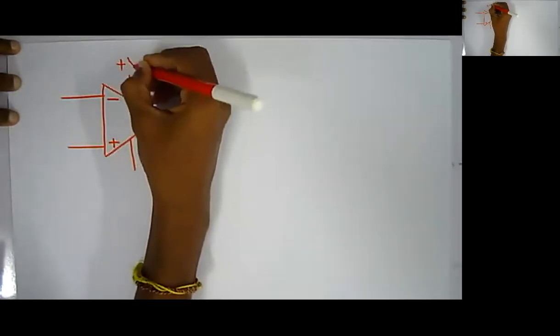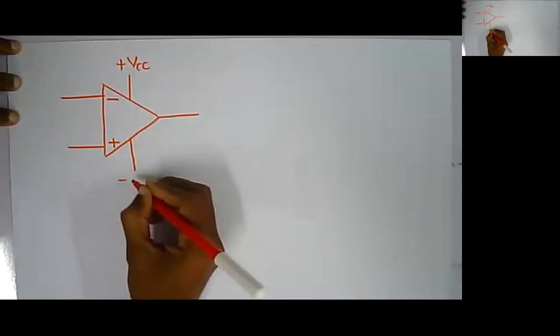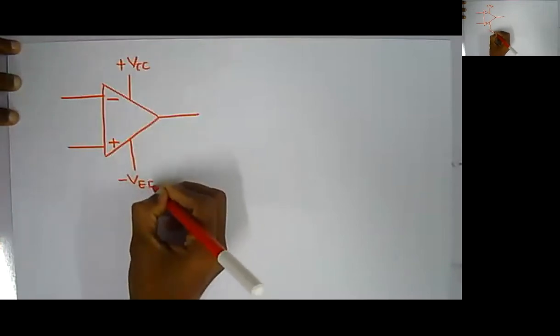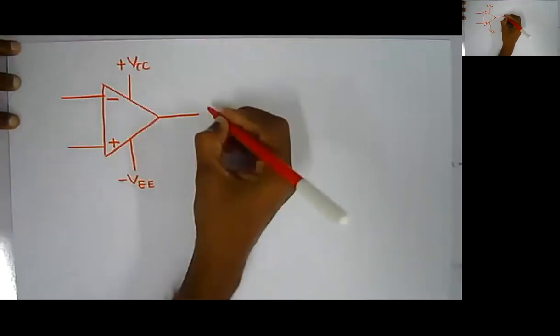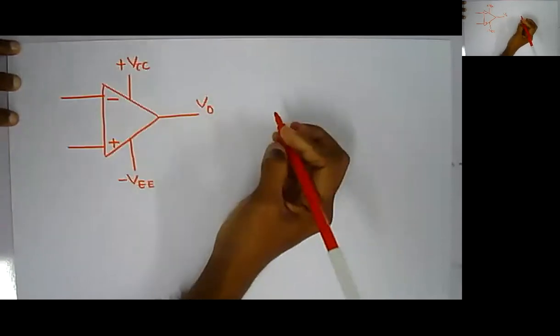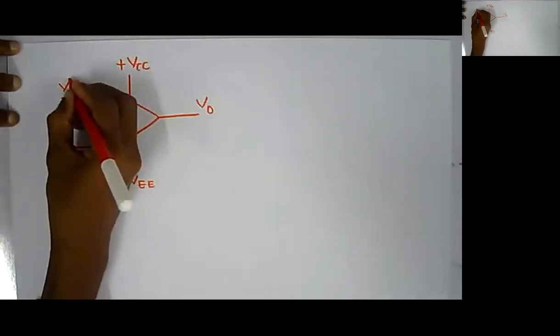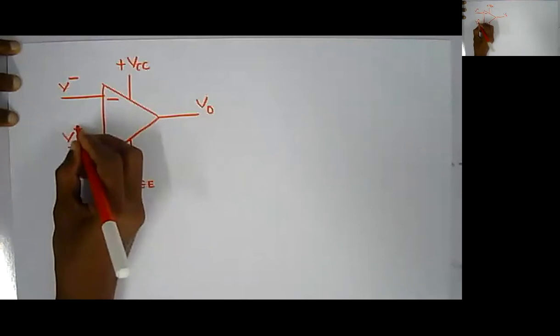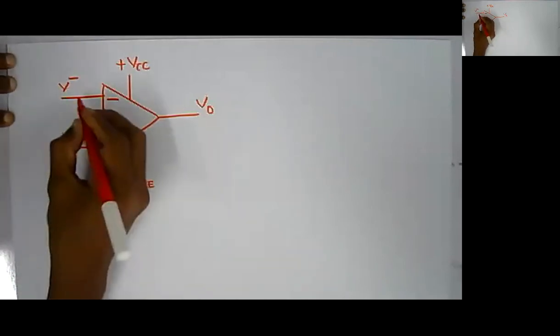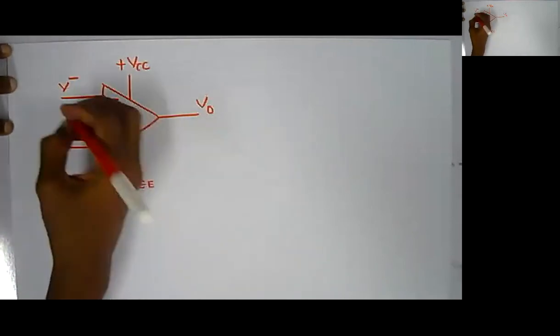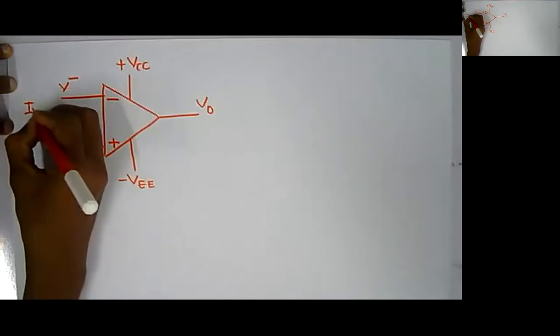This is plus VCC, minus VEE, and this will be my V out. This is my V minus, V plus. This V minus is called the inverting terminal.